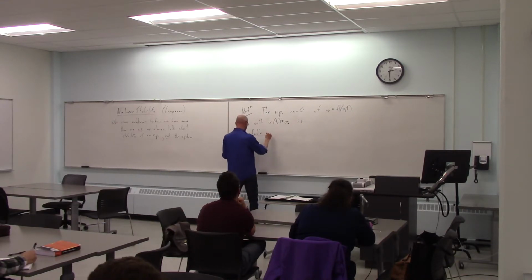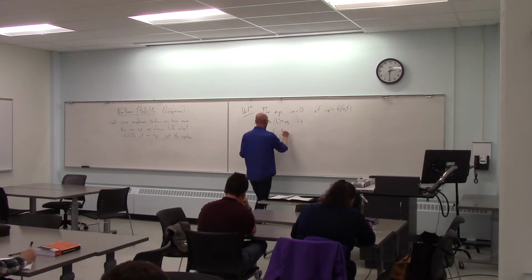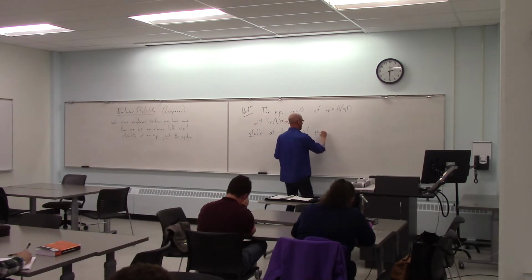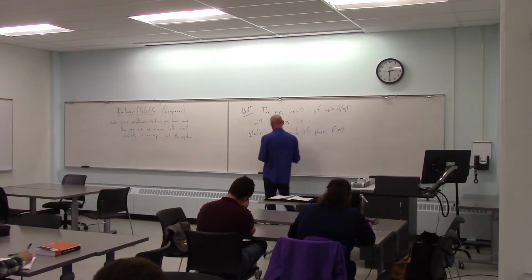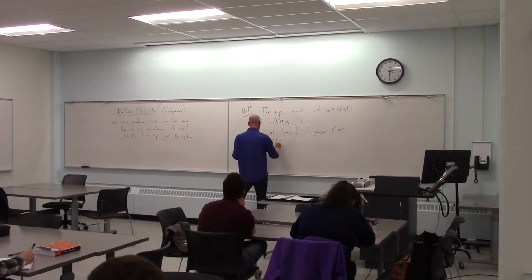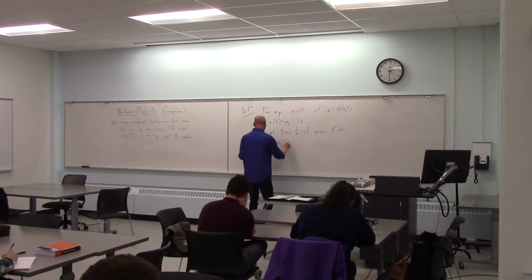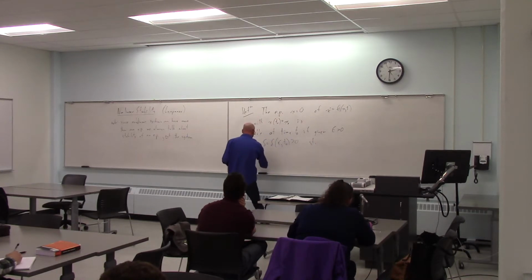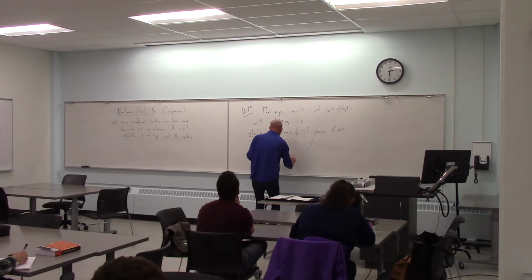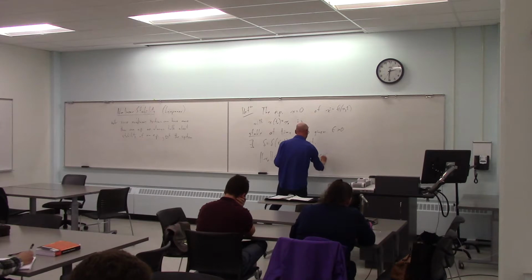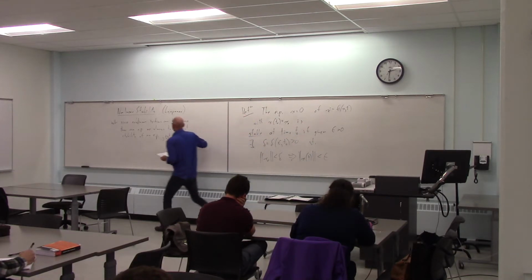This is the definition of what stable means at time t naught: if given epsilon greater than 0, there exists delta, a function of epsilon and t naught, greater than 0, such that if x naught stays within a ball of radius delta, that implies that the solution x of t will remain within a ball of radius epsilon.